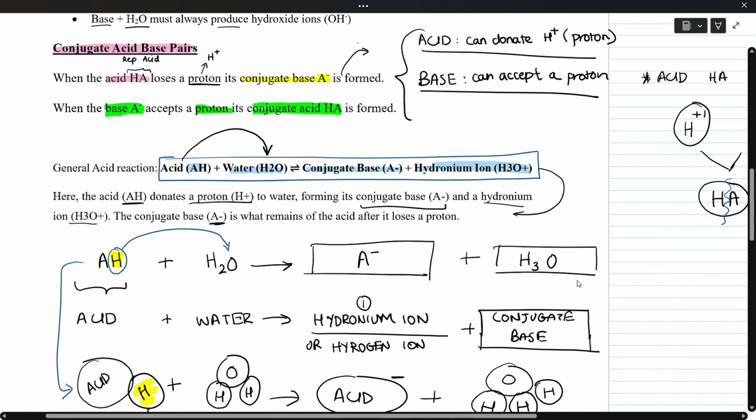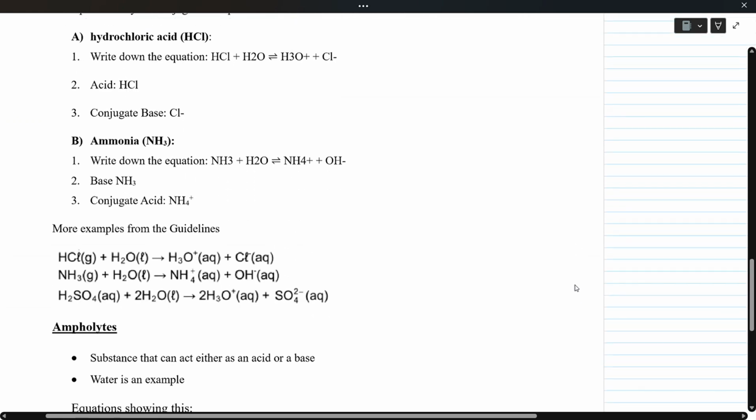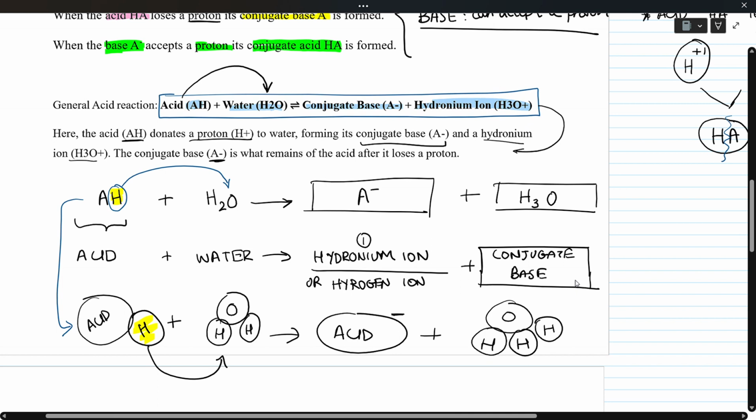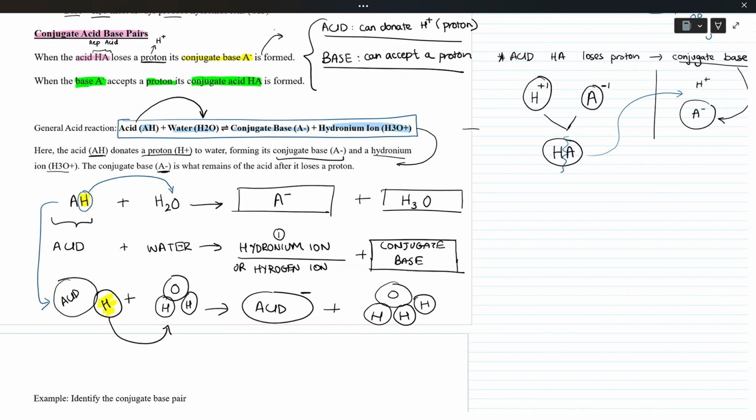Okay, so the same thing happens for a base. I'm not sure if I put a base equation here. Okay, I didn't. But basically, let's just quickly write down the general equation only. So if I were talking about a base here, you would have A minus plus water giving you something.